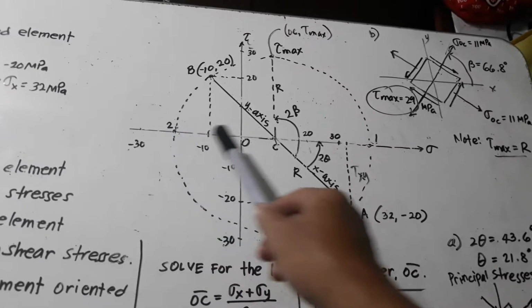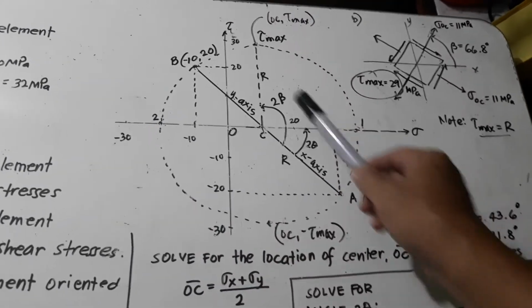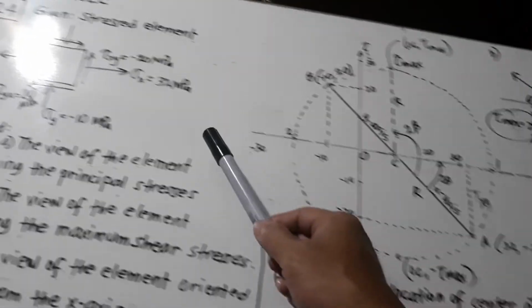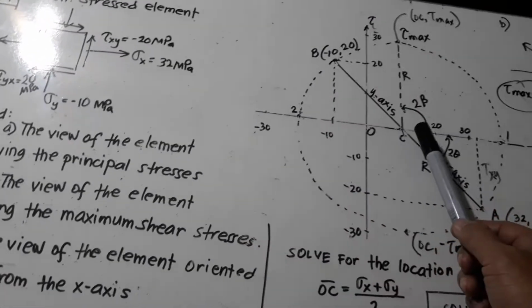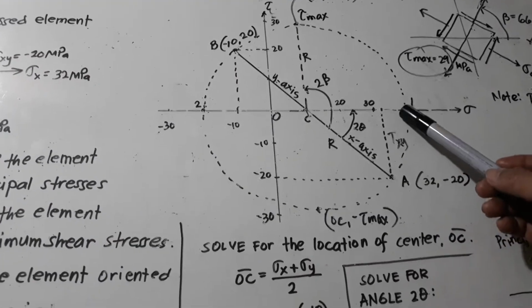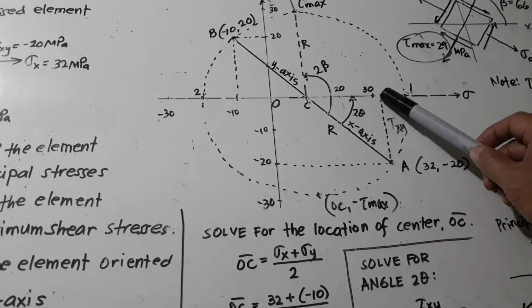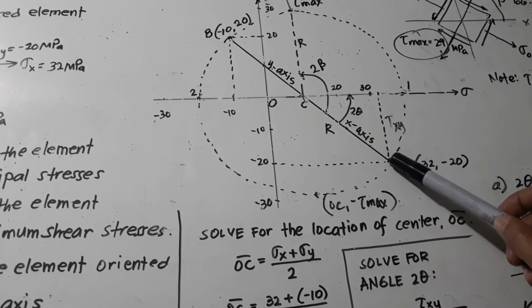In this sigma and tau plane, we are going to plot the stresses of the element. Sigma x is 32 and tau xy is negative 20. So from 32 megapascals here, we move down because it is counterclockwise.